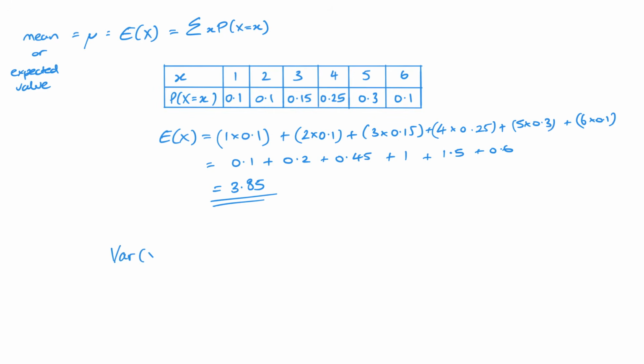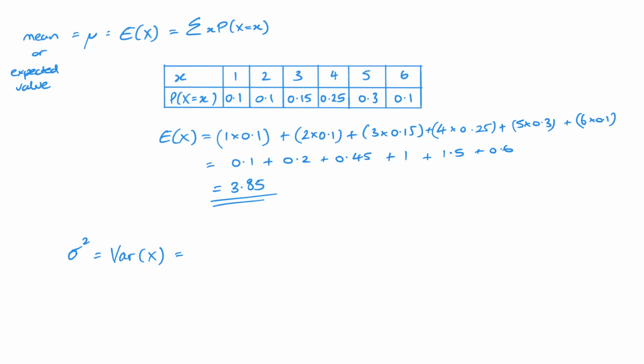Now, we also need to be able to find the variance. The variance is often written as VAR for variance of x, and sometimes it's written with the standard deviation symbol squared. The variance of x is actually E of x minus E of x, all squared, which as it stands is a little bit unhelpful.